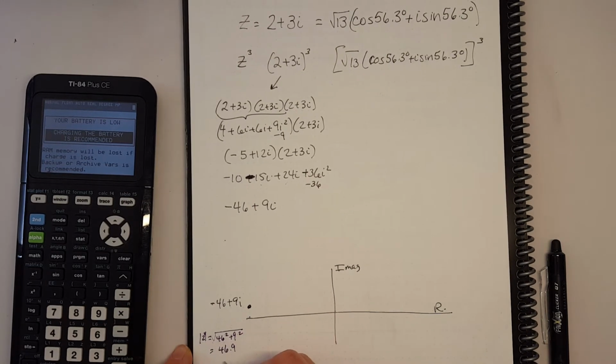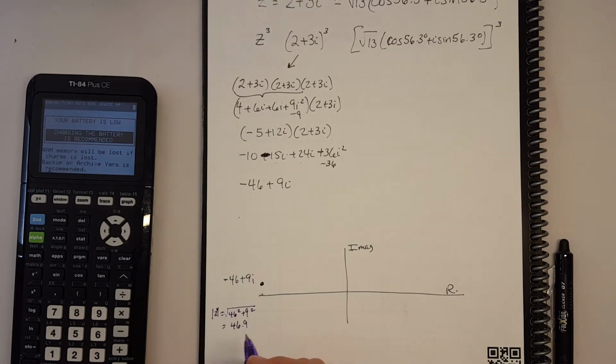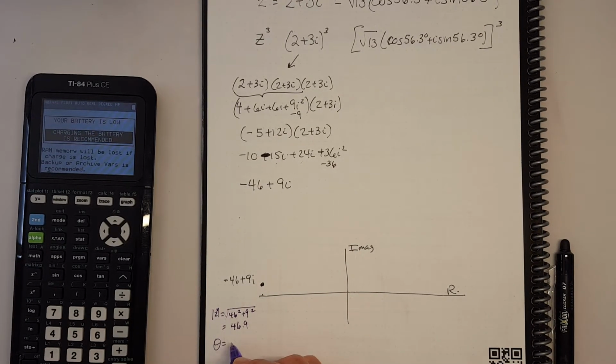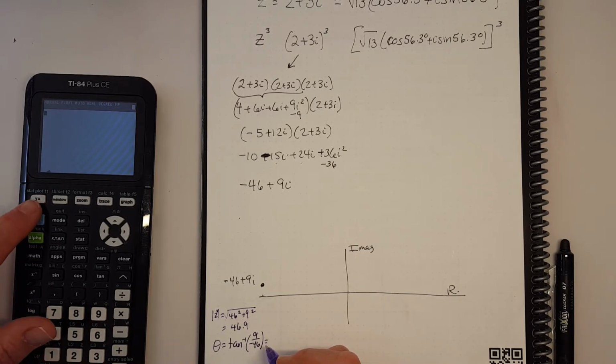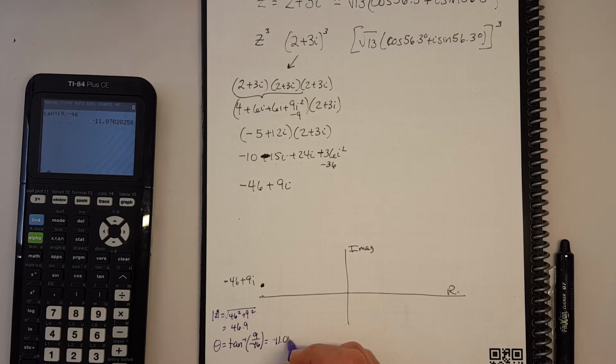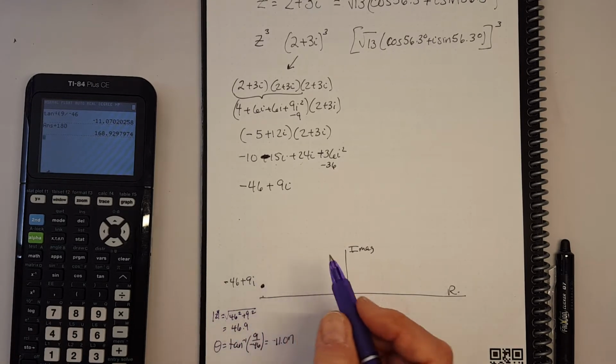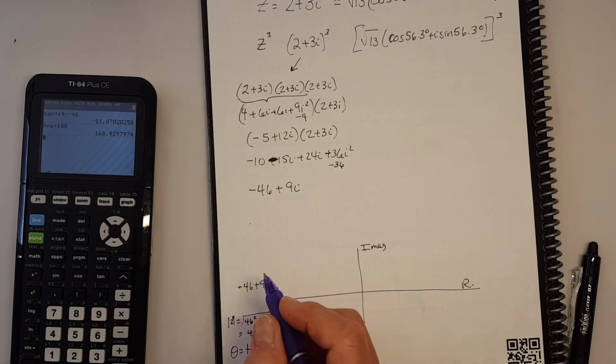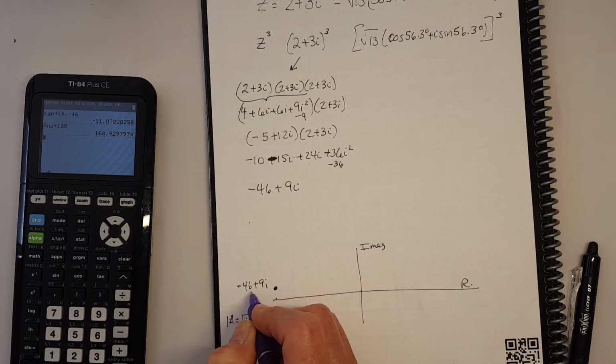And the argument would be tan inverse of 9 over minus 46, and that gives us minus 11.07, but since we're in the second quadrant, we know that we have to add 180 to that. And so we get 168.9 degrees.